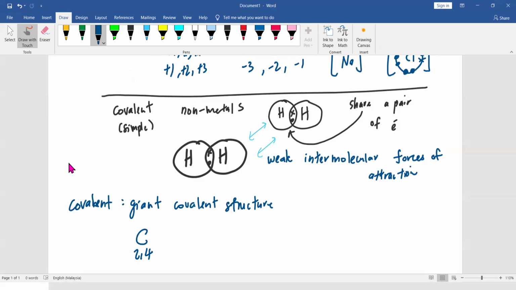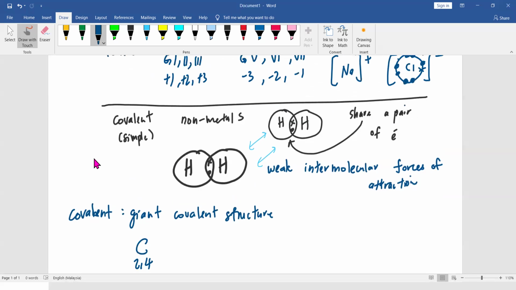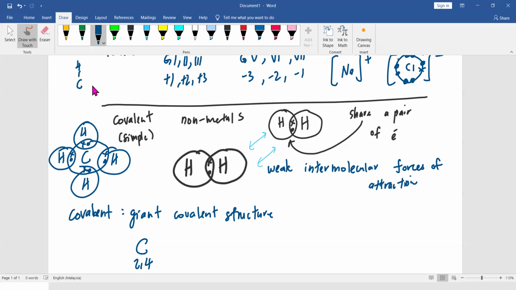Previously, we learned about methane. Methane is like this, CH4. Do you remember this? This is methane. We only draw the outer shell. So this methane will look like this, CH4.